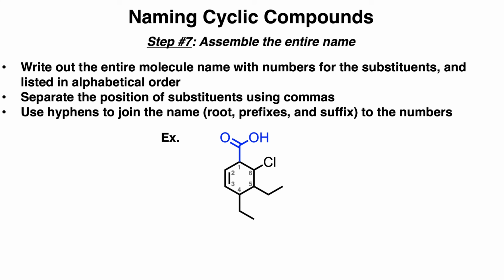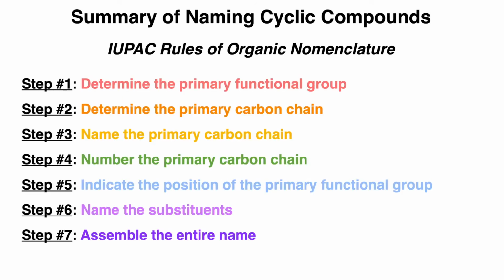And there's also a chloro substituent at C6 and 2 ethyl groups at the C4 and C5 positions. So its final name will be 6-chloro-4,5-diethyl cyclohex-2-enoic acid.